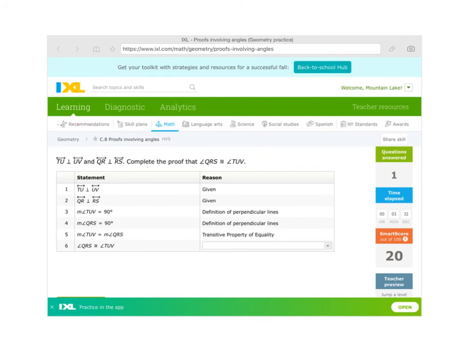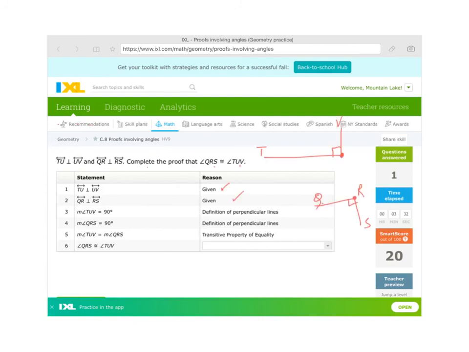So if we draw this, TU and UV, right? They're saying this is perpendicular. And then QR and RS. Even that's perpendicular. So we have some information, right?